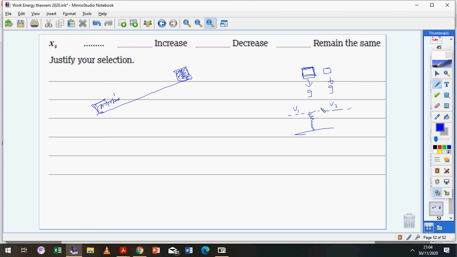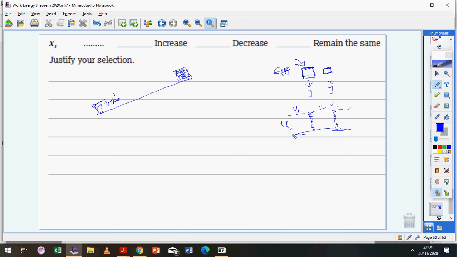But just physically looking at this, which of these two masses do you expect to cause a greater extension in the spring? It's the bigger mass. Why is it the bigger mass? Because this bigger mass has a bigger gravitational potential energy, and all of that gravitational potential energy is going to be converted into elastic potential energy.